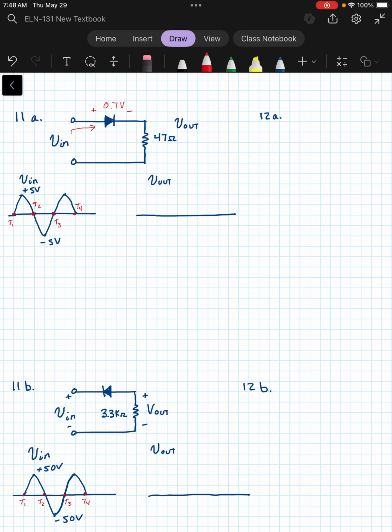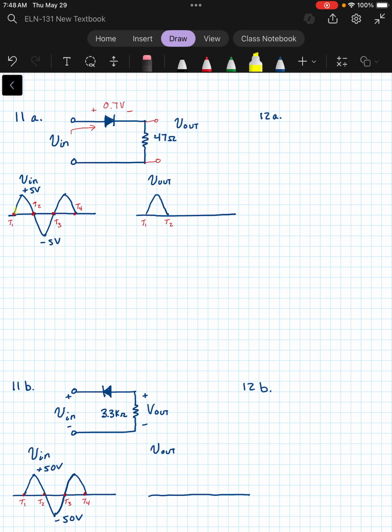At least 0.7 volts across that diode will turn the diode on, and it will allow us to get our output voltage on the other side. So what that means is from T1 to T2, we're actually going to see the same.